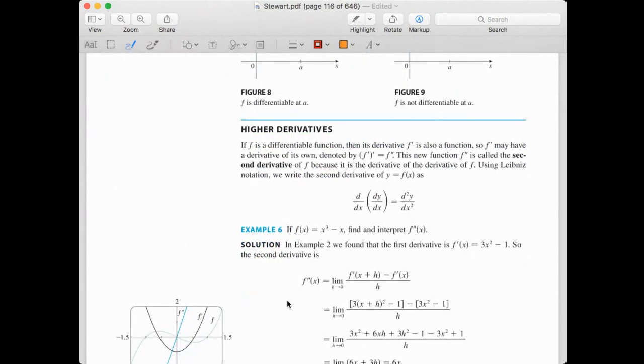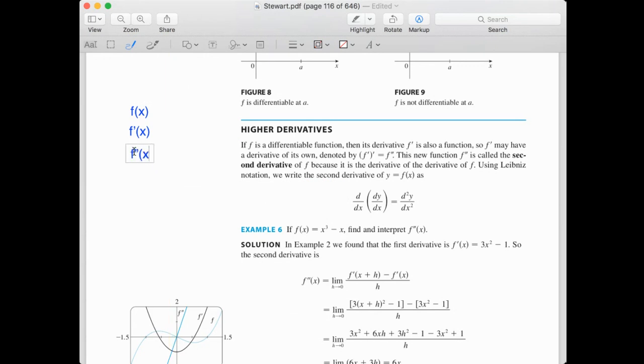Okay, now higher derivatives. As I talked about before, the derivative itself is a function. I'm going to use a short notation, f prime of x, right? This function, we can talk about its second derivative. The original function is f of x. We can talk about its first derivative, second derivative.